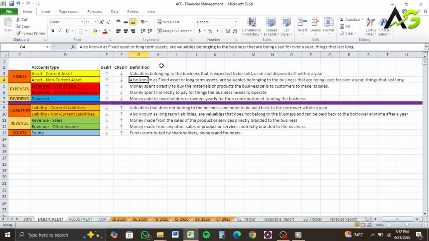Another current assets example, cash, like I said. The reason why is, within a year, the money that you collect from customers that buy goods from you, you're going to eventually use it to pay off some expenses.